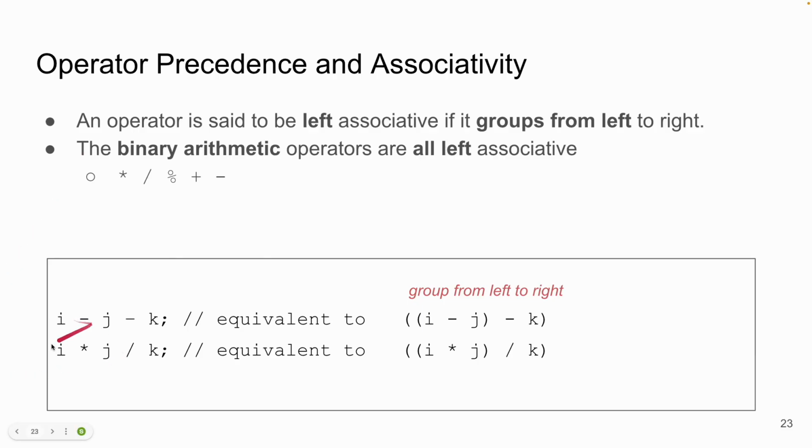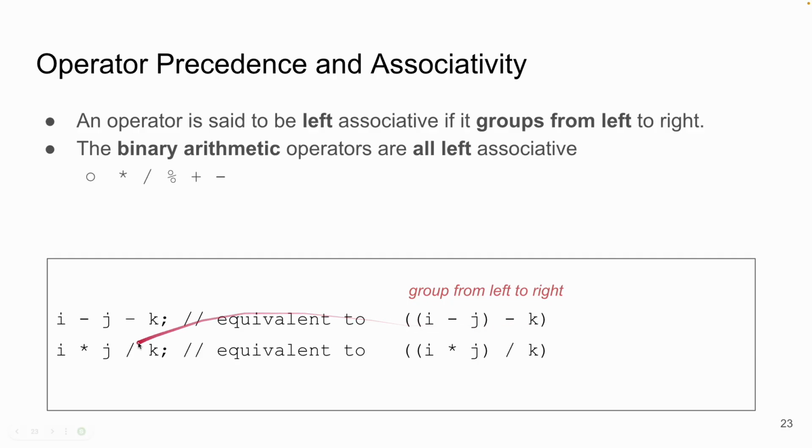So for example, these two examples both have left associativity. That is why we need to put our parentheses like this. We need to calculate the left expression first, starting from left to right. So i minus j will be calculated first, and then we will calculate the result of this expression with the subtraction and k.